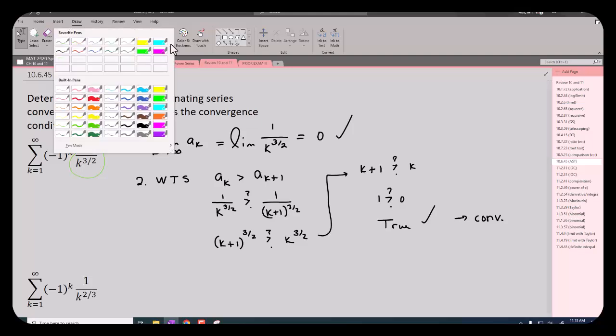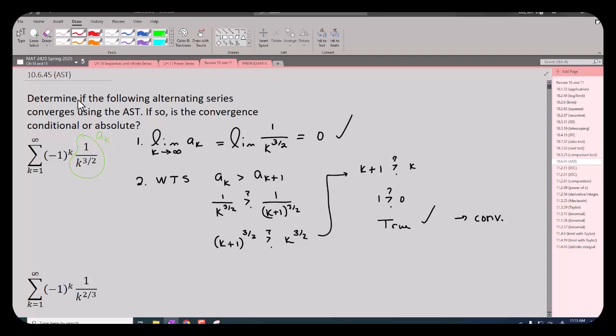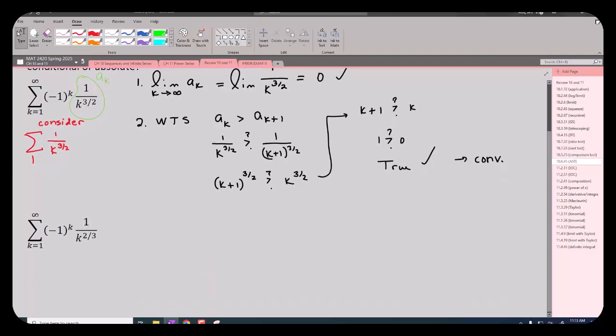So now we ask ourselves, well, what role do the minuses play? Do they matter? And so we consider the series where we have no switch. So we start at 1 and we're just looking at this series. This series is a p-series. So this is where p-series come in. P-series don't have alternating signs. P-series have that form, 1 over k to the p.